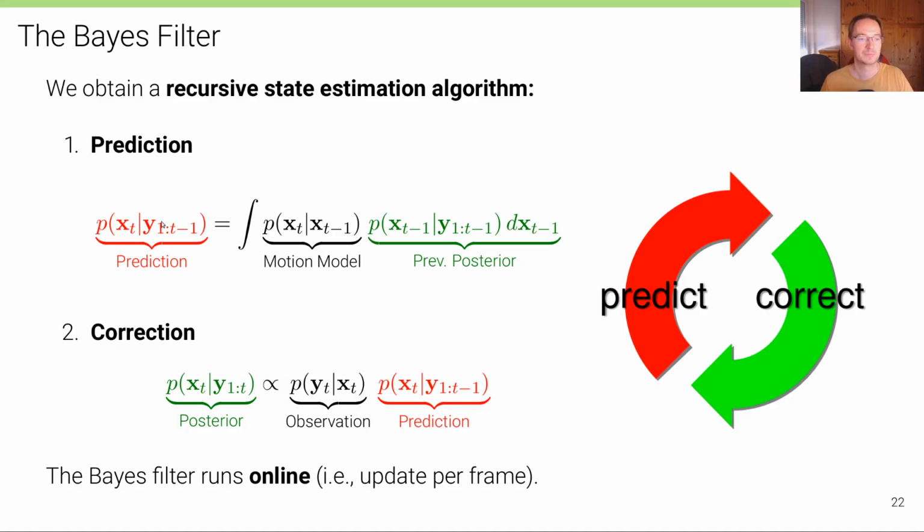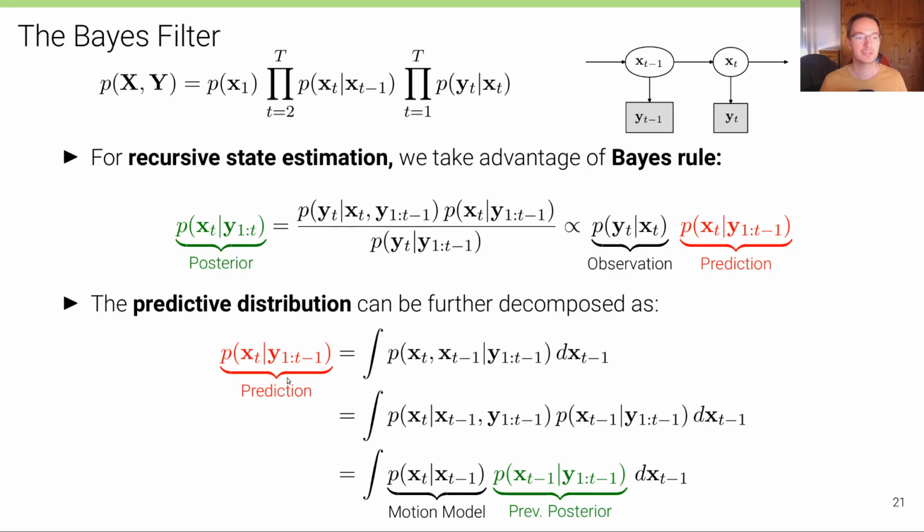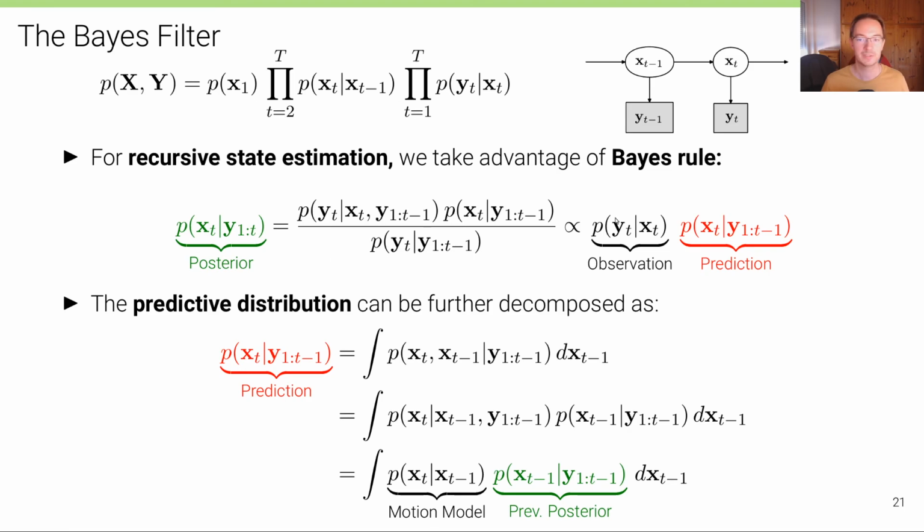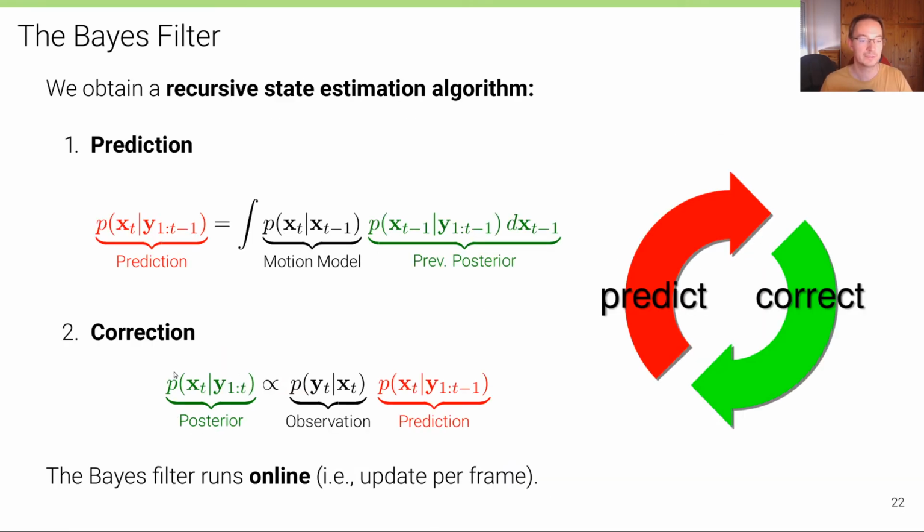The prediction step is this second formula that we have just derived, where we derived the predictive distribution, and the correction step is then the first equation here, where we get the posterior at time t from the observation and the prediction.